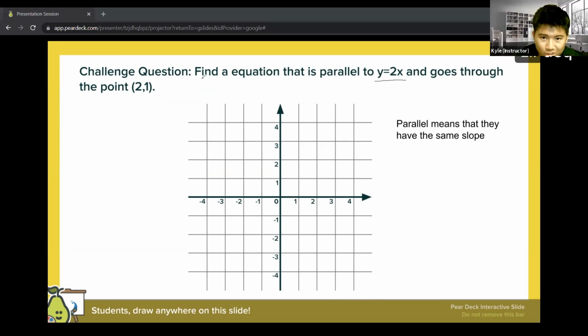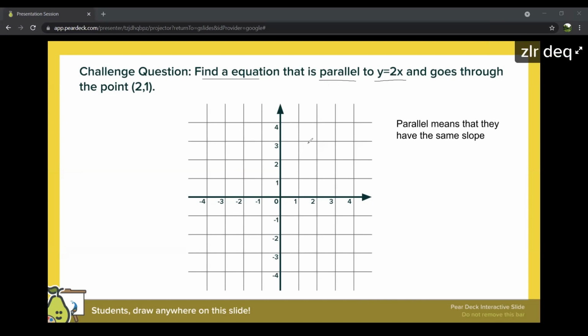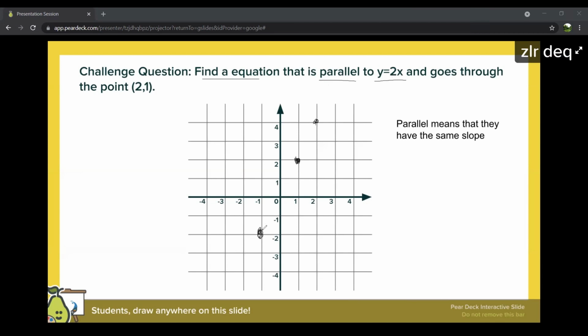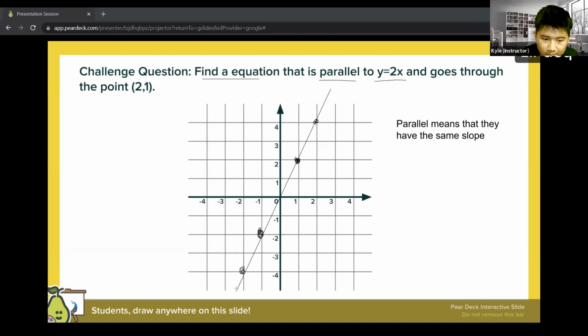So find the equation that is parallel to y equals 2x. So Ian, do you know what the slope of y equals 2x is? What is the slope of y equals 2x? Okay.